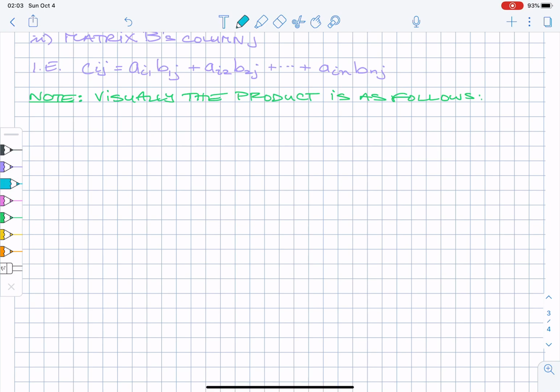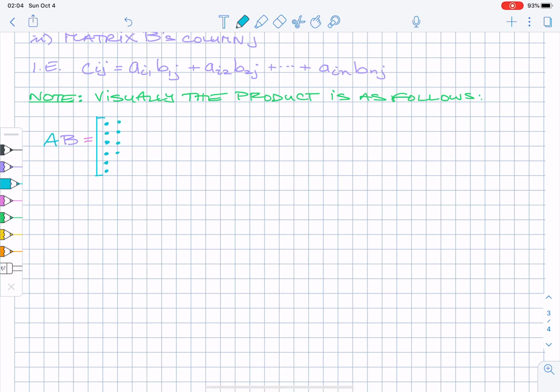Let's say we have matrix A times matrix B, and that's going to be some matrix.